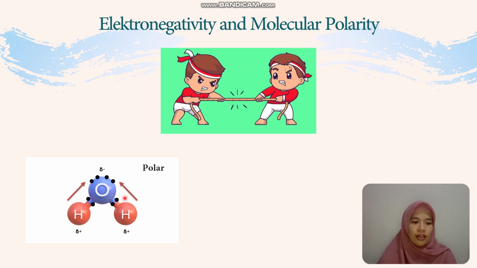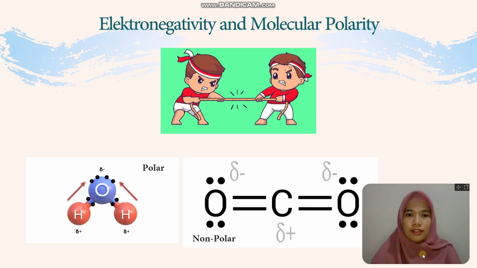As a result, the charge distribution within the molecule becomes uneven. The oxygen side becomes slightly negatively charged, while the hydrogen side becomes slightly positively charged. Therefore, water is classified as a polar molecule.